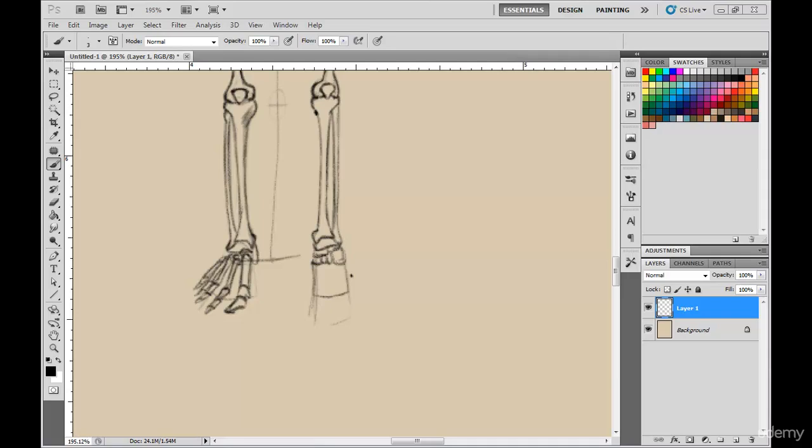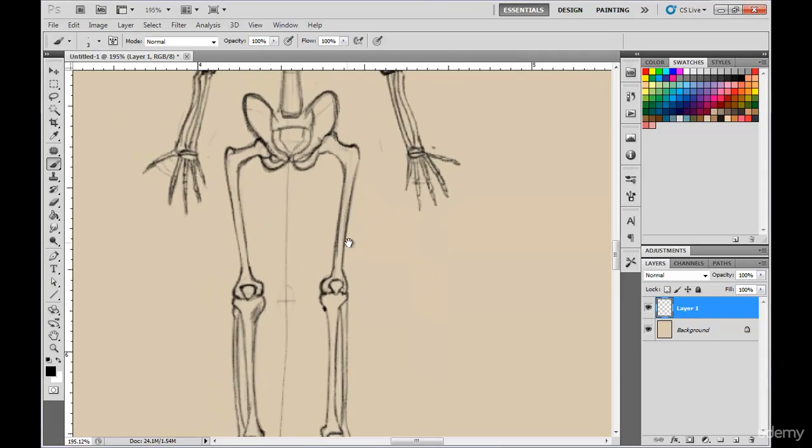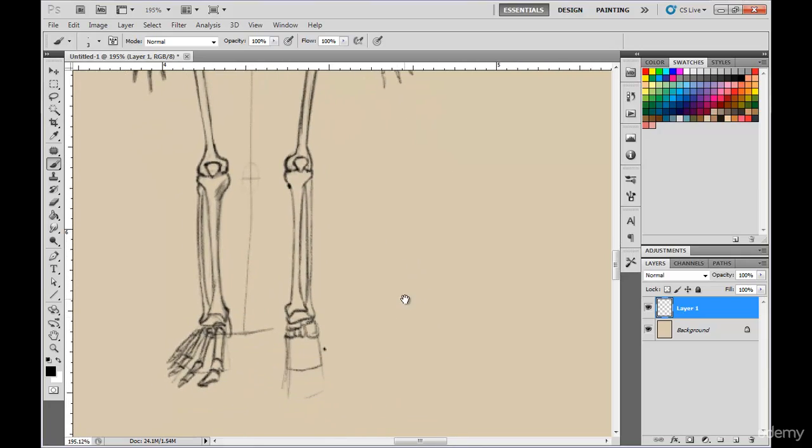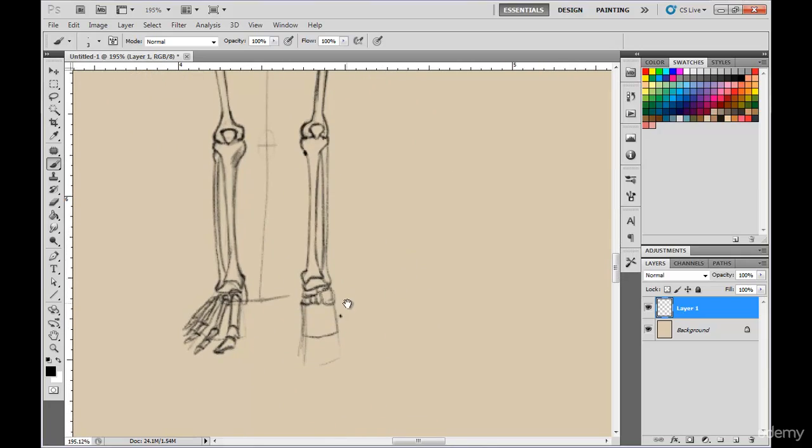When you look at the hand, if you're drawing with skin, the toes begin only right about here. And with the hand, all this part right here is where your knuckles start. So this is where your fingers are, right? Just keep that in mind. So that's why these bones are almost all the same length. Anyway, hopefully that makes sense.